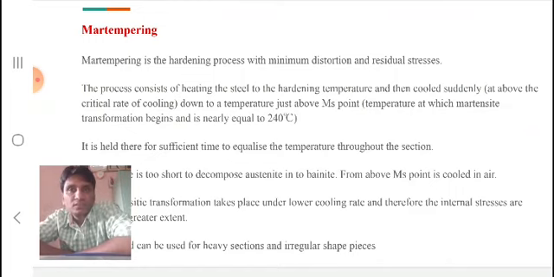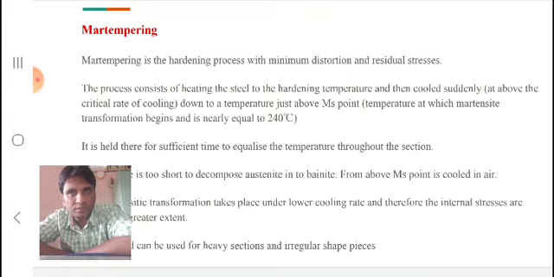By doing this, we can reduce the formation of residual stresses and distortions. This is the main concept behind Martempering.